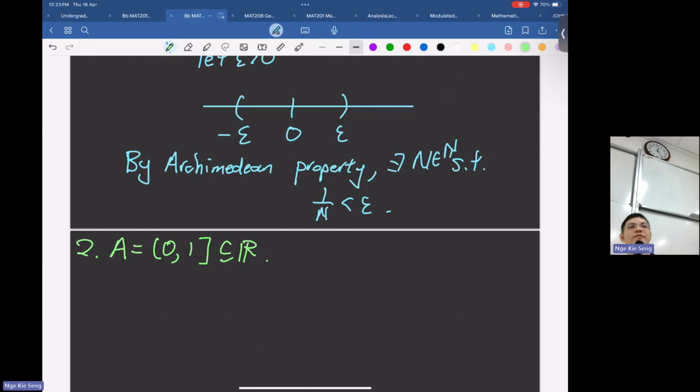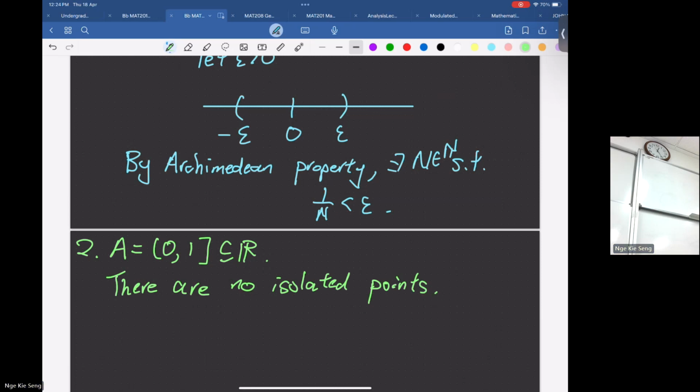What's the definition of limit point? Recall: for every ball around 0, you need to find a point other than 0 which is in the set A. Can you do that or not? How? It's still using the above result, the Archimedean property. So we can show that there are no isolated points.